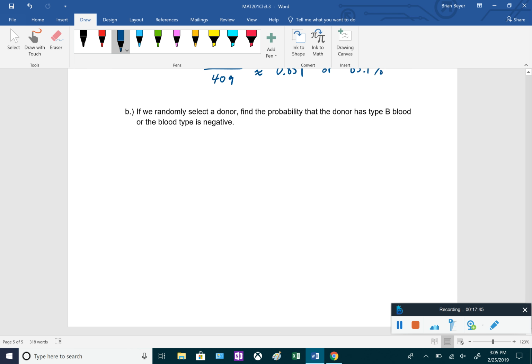Okay, so let's do another one. If we randomly select a donor, find the probability that the donor has type B blood or the blood type is negative. So let's set up this formula. It's the probability that it's B or negative equals the probability that it's B plus the probability that it's negative minus the probability that it's B and negative.